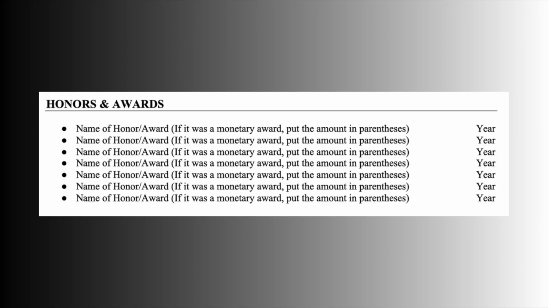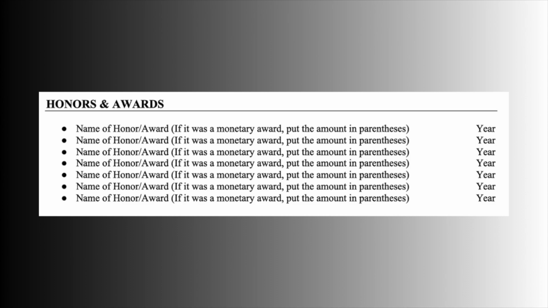Finally, the last section of your academic CV is your honors and awards. And here you're gonna write all the honors and awards that you have received since your undergraduate career all the way until now. And so you wanna write the name of the honor award, and I wanna make sure that you don't write acronyms. Write out the full name of the award, because some committee members might not know what some awards are, even though they're common language at your institution.